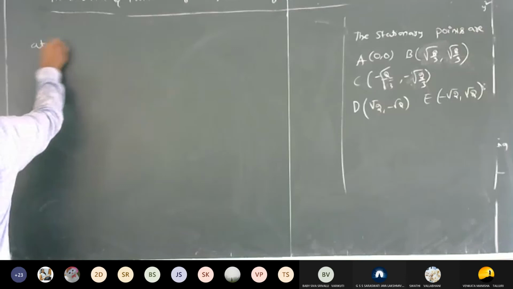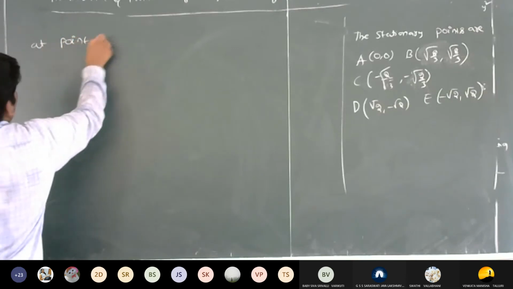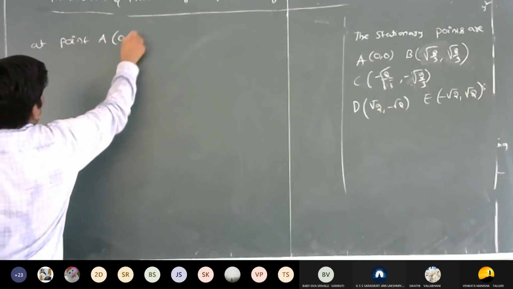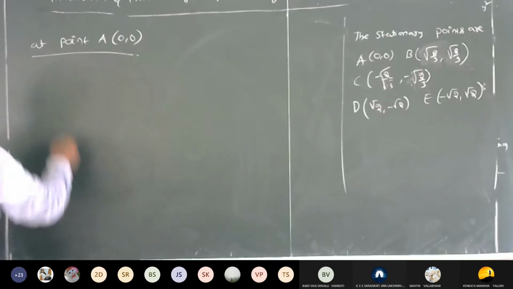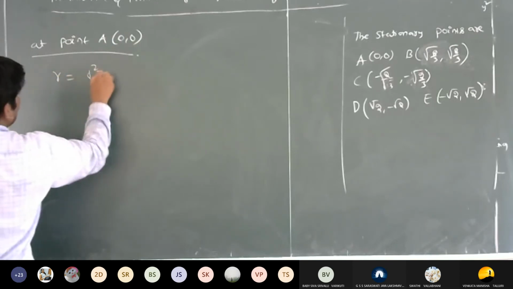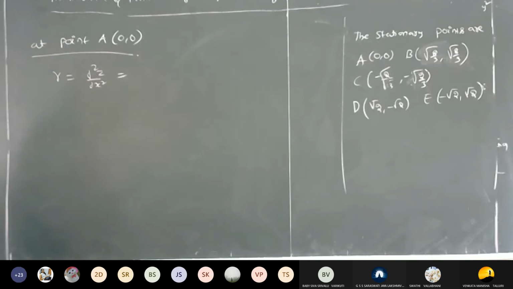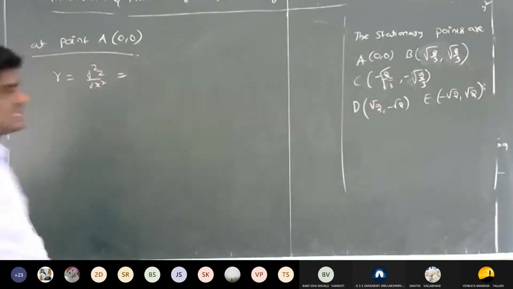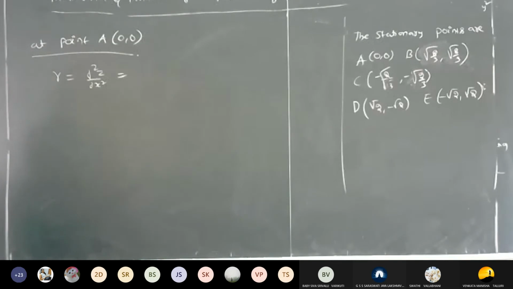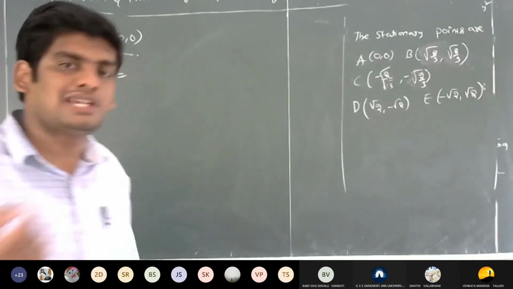So at point A, that is 0 comma 0, what is the value of r? That is dou square z by dou x square. What is dou square z by dou x square? Already we calculated dou z by dou x.